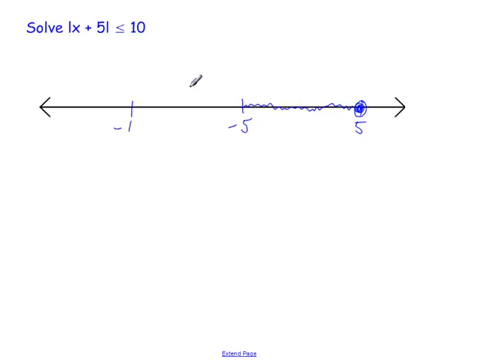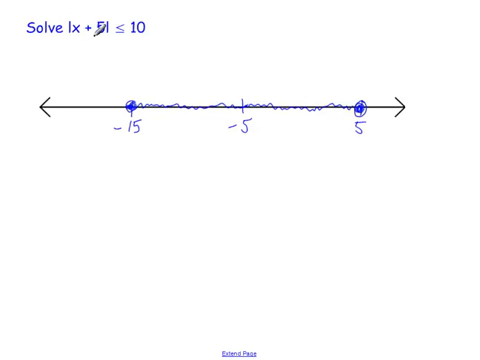Negative 5 plus 10 brought us to 5. Again, we color in the circle because it's less than or equal to, and we shade this direction. So again, the way that we thought of that is the distance from what makes this 0 is less than or equal to 10. Less than or equal to 10 units away from what makes this 0.